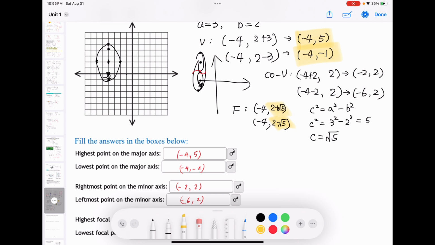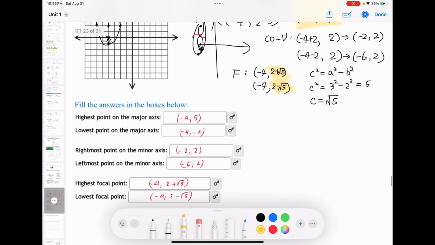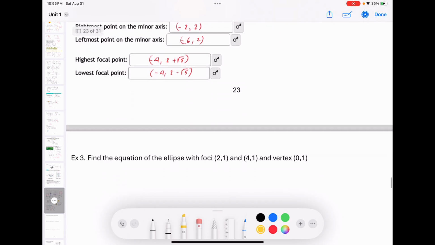They are my co-vertices. And the highest focal point is -4, comma 2 plus square root of 5. Lowest focal point is -4, comma 2 minus square root of 5. All right, let's move on.